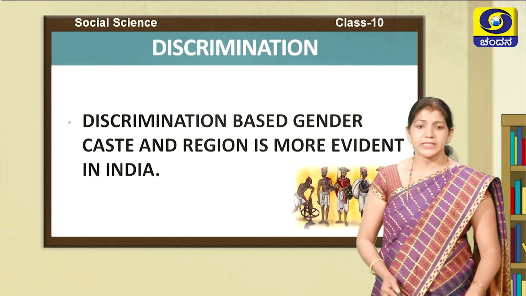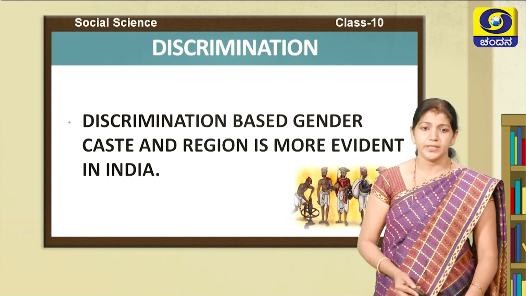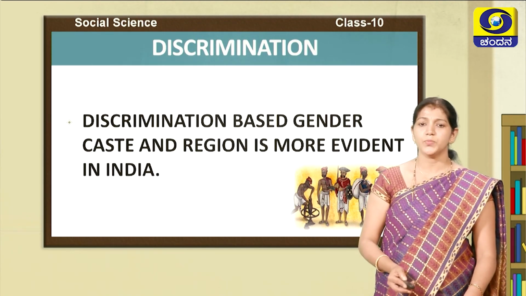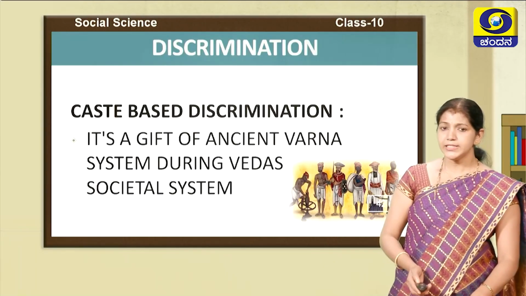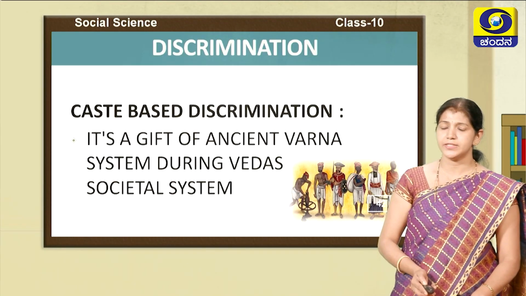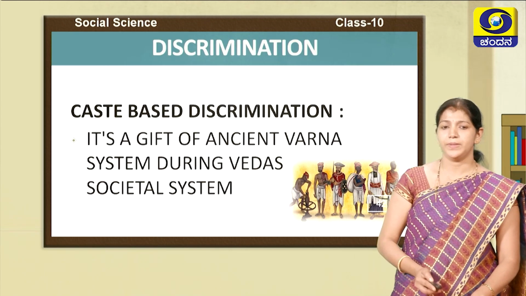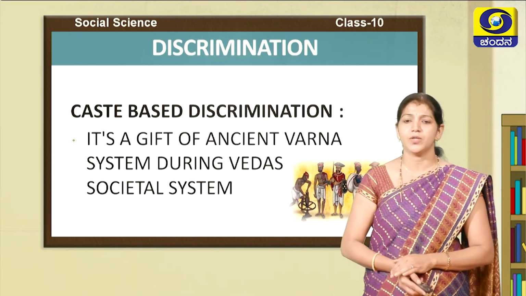The first one is caste based discrimination. Discrimination based on gender, caste and region is more evident in India. Caste based discrimination is a gift of the ancient Varna system during the Vedic period. When the Varna system was introduced in Indian society, it created discrimination.